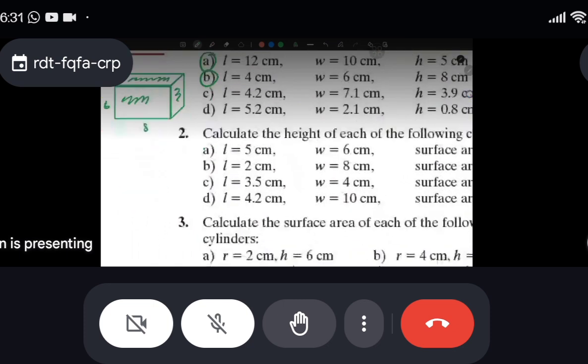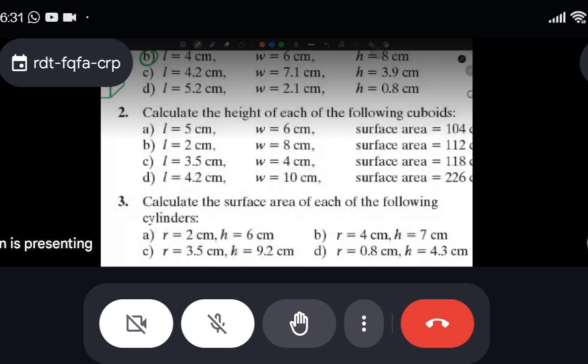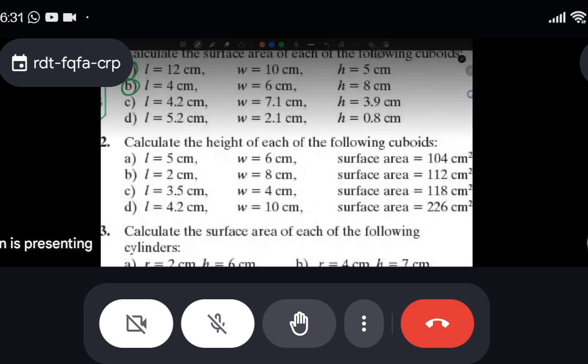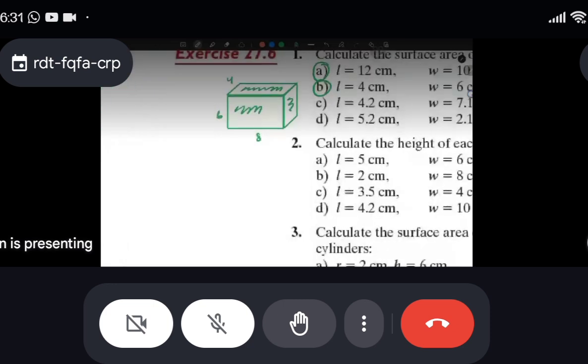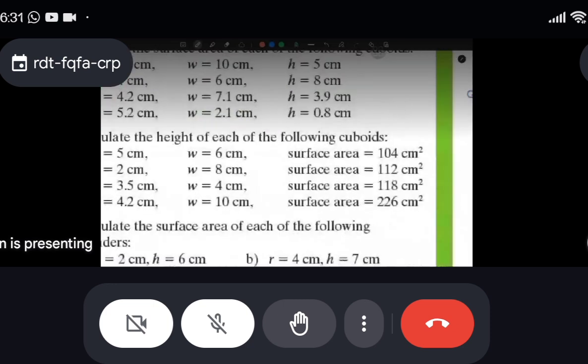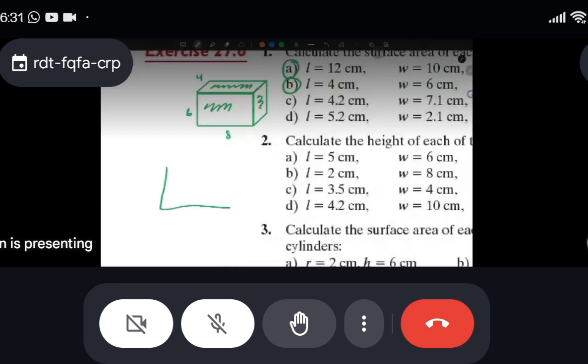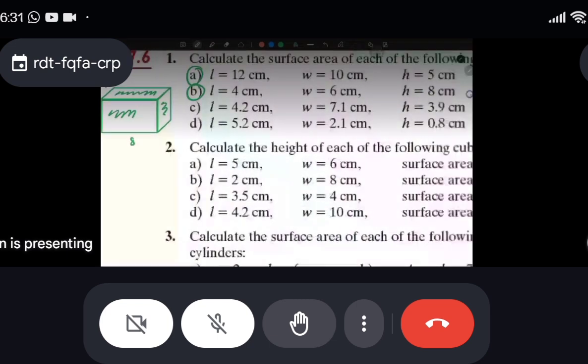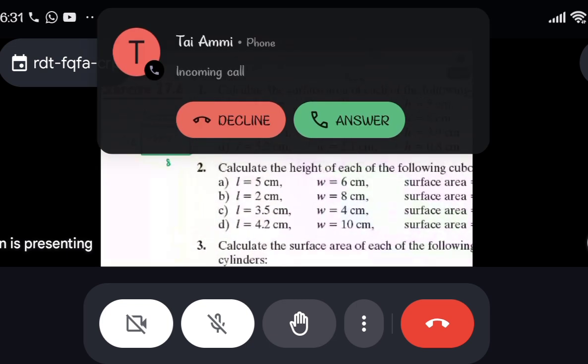Now they are asking to find the height given the surface area, right? So what we'll do is, again, make the same thing. However, we'll write h in place of height.